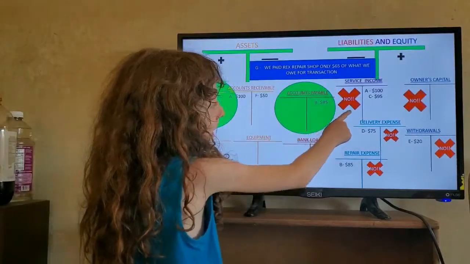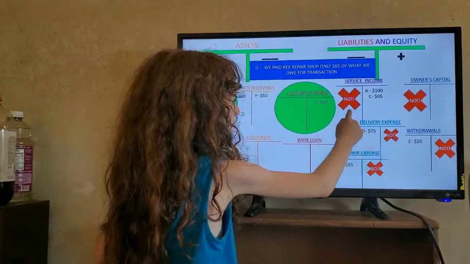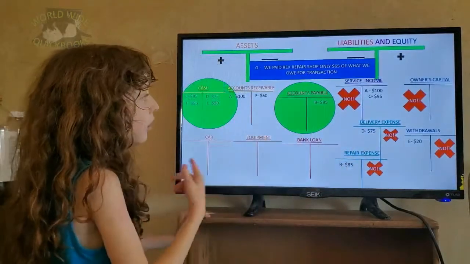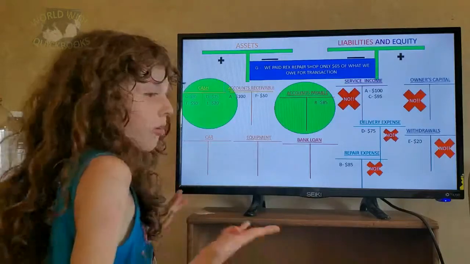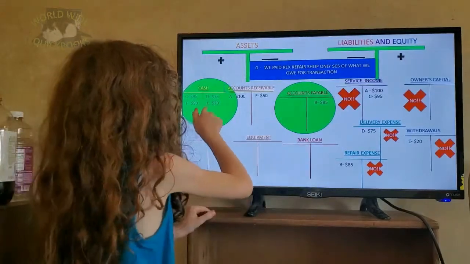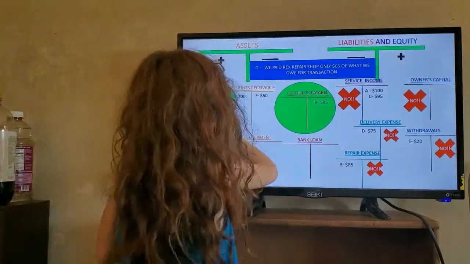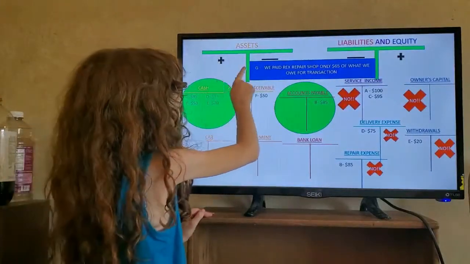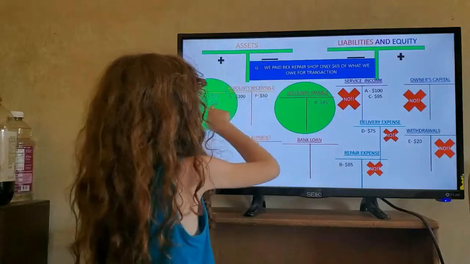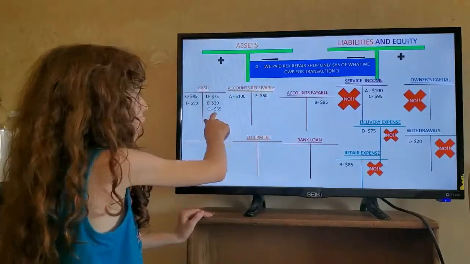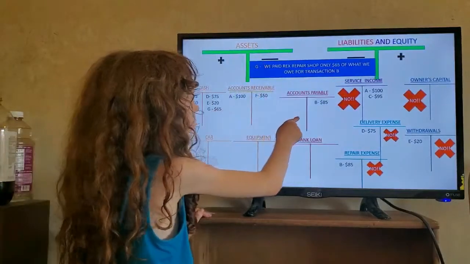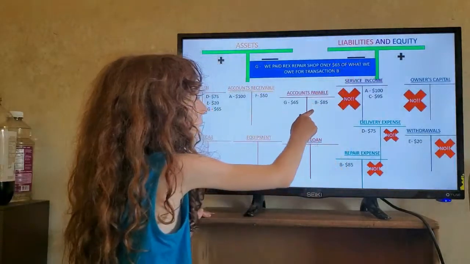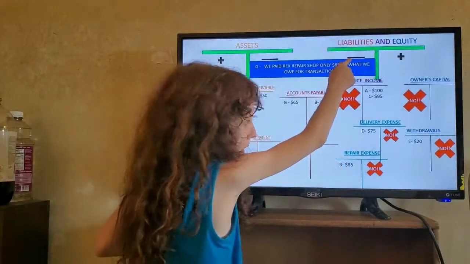Neither of these have an X on any side, so again, we don't know immediately. So cash, we have less cash, and it's an asset, and it's minus, so it has to be on the credit side. Accounts payable is a liability, and if it's minus, it has to be a debit.